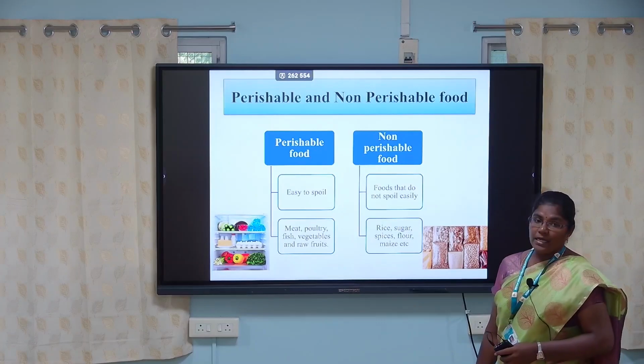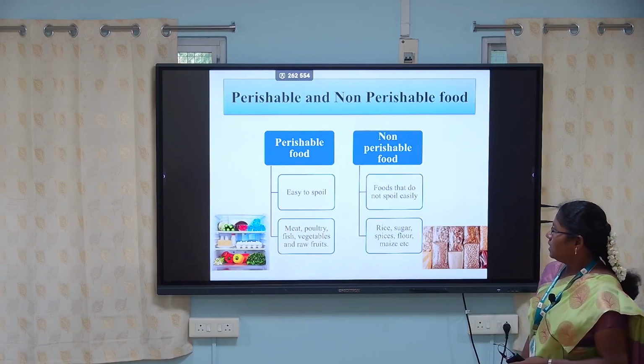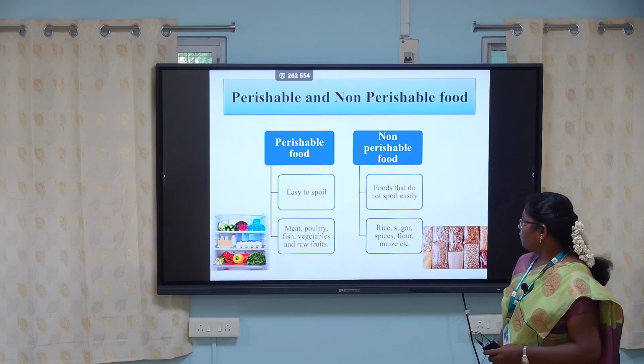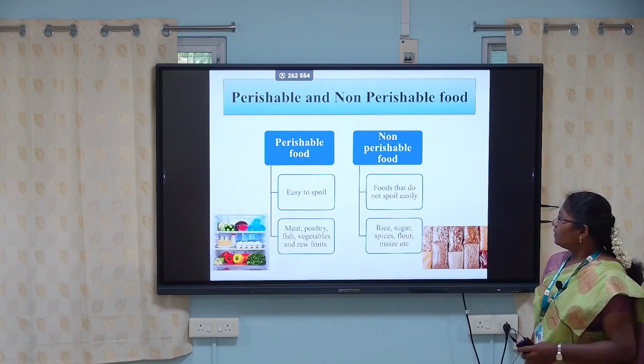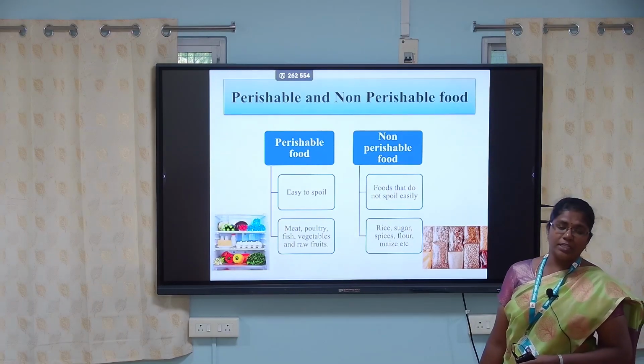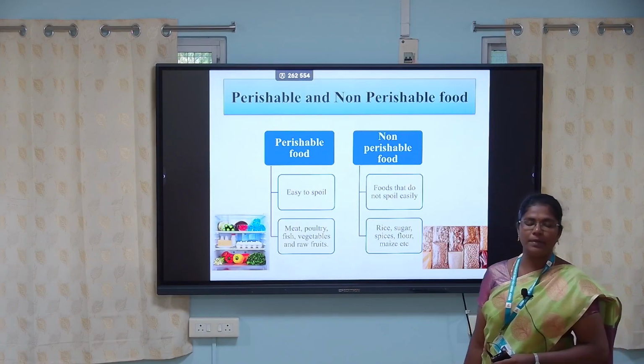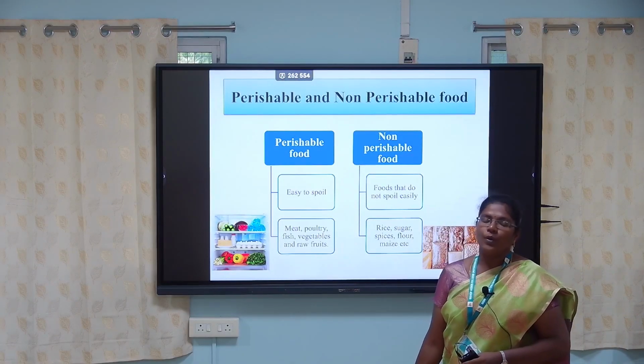Coming to perishable and non-perishable food products. Perishable food products are easily spoiled, whereas non-perishable food products don't spoil easily. As the name says, perishable foods have a moisture content above 50%, which is a suitable medium for microorganisms to multiply.